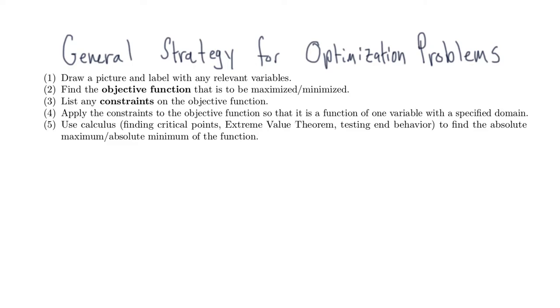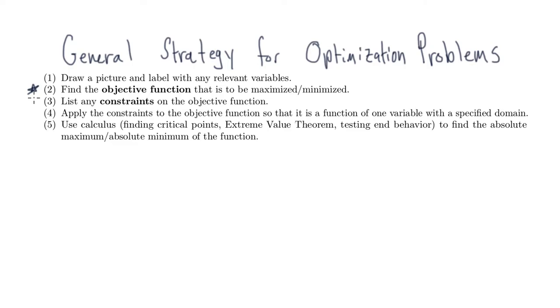Then with optimization, it is essential that you identify the objective function. You need to find the quantity that you're trying to maximize or minimize. If that quantity is volume or profit or time, whatever it is, you need to explicitly state: this is the objective function. I want to minimize this. I want to maximize this.